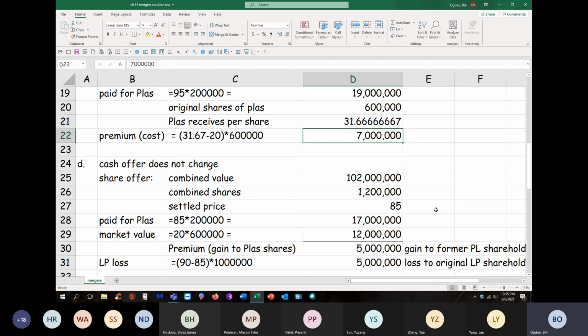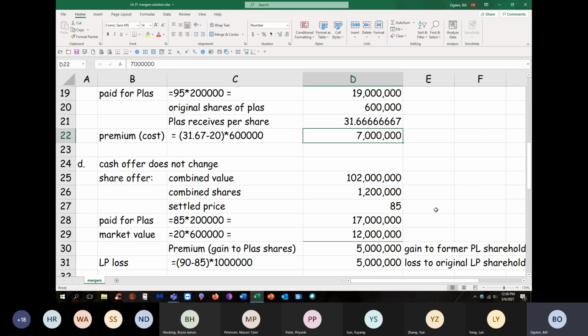They accepted $45 for each of their shares that had a market value of $20. So therefore, PLAS no longer exists, and the former shareholders have $45 for each share that they formerly owned.